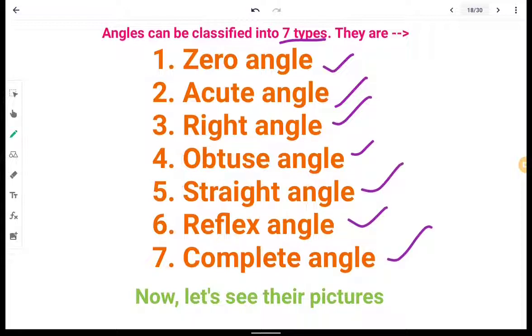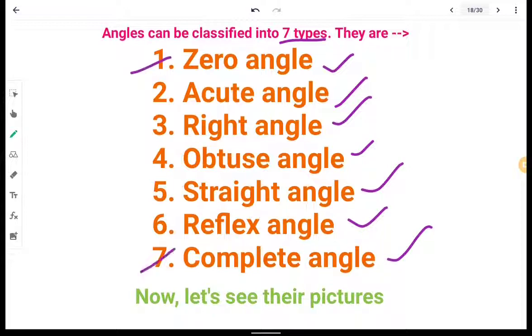Take a look. These angles must all have degrees, right? Obviously. One thing you can tell from the names: the first one, the zero angle, obviously means 0 degrees.